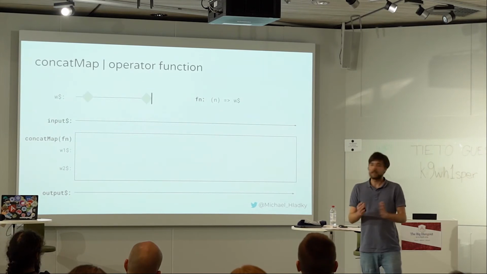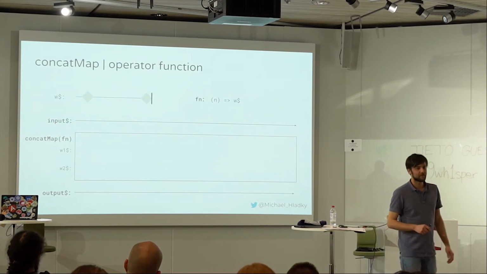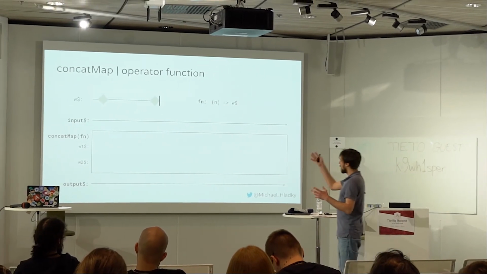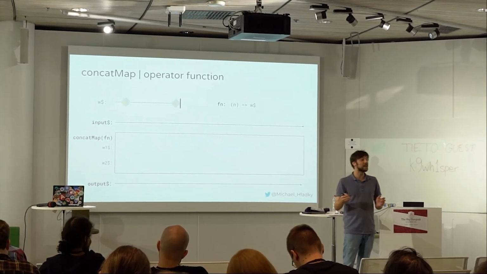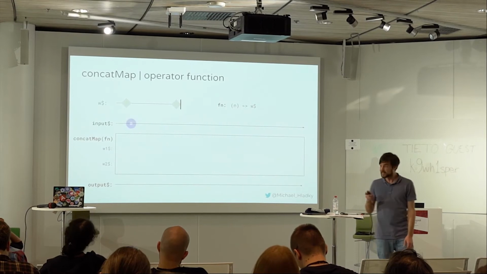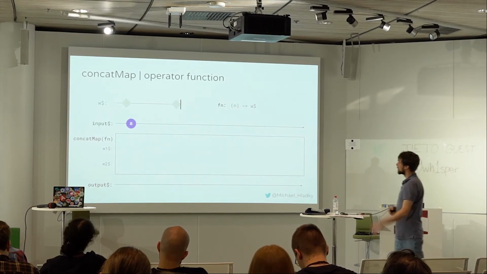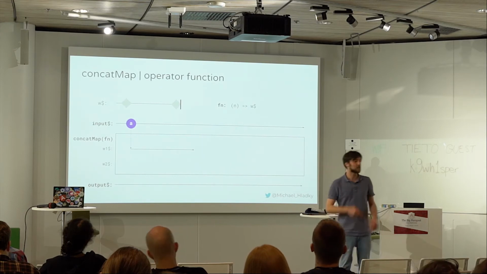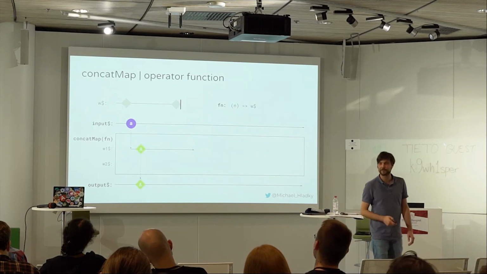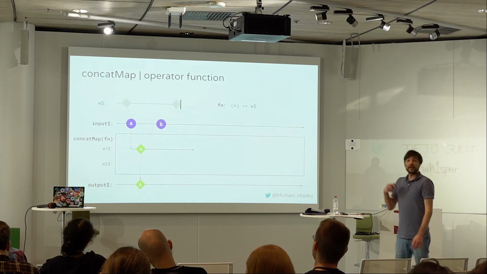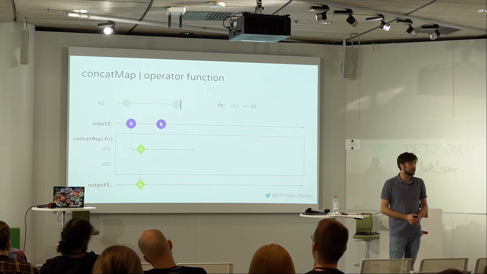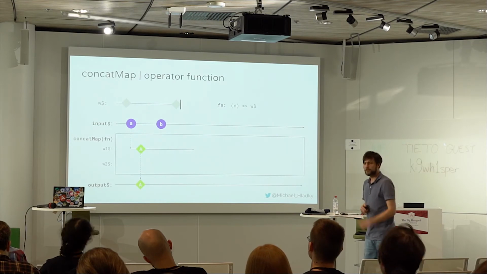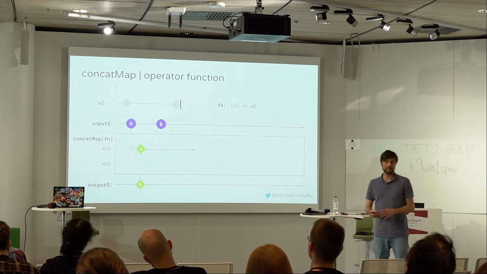And then we have this concatMap. We already know what map does, right? We always use map to transform something from A to B. In this case, I receive a single value and I map it to another observable. This observable emits its values. And then I have the second single value coming in and I try to do something, but nothing happens.